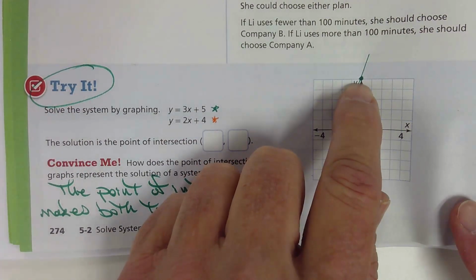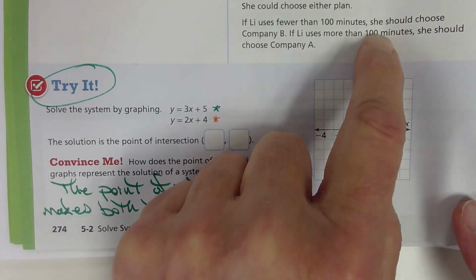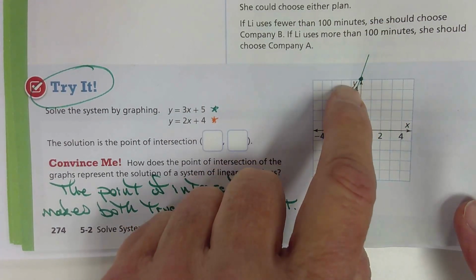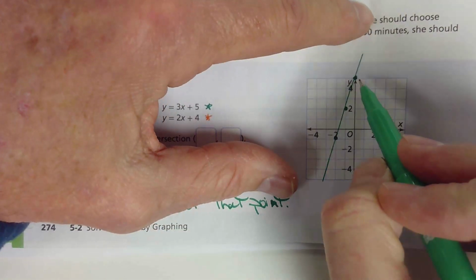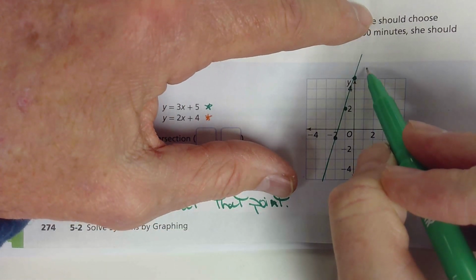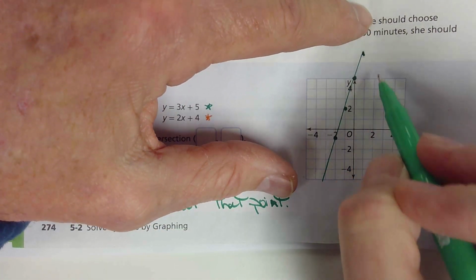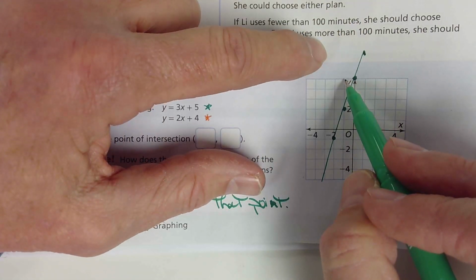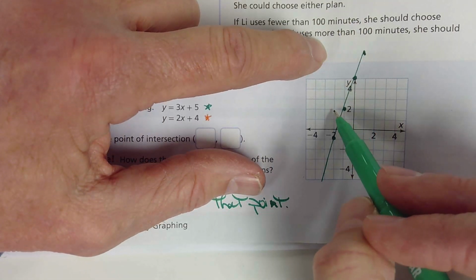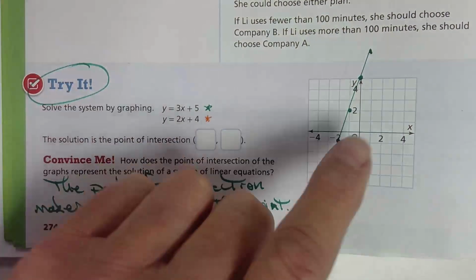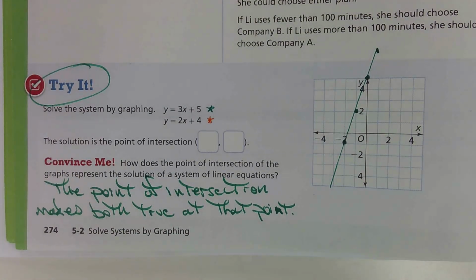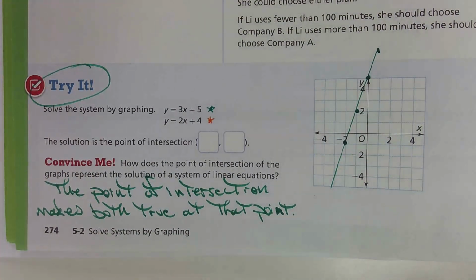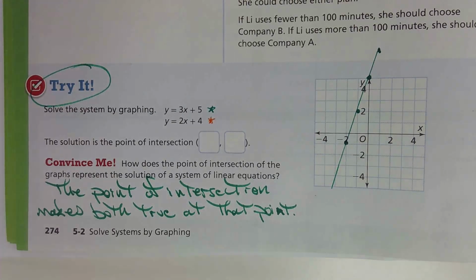I'm not going to start here and draw my positive slope above my graph. I'll just do the opposite. Instead of going over 1 and then up 1, 2, 3, I went over 1 to the left and then down 3, over 1 to the left and down 3. So you'll have some problems that are kind of funky like that. So that's the first one drawn.